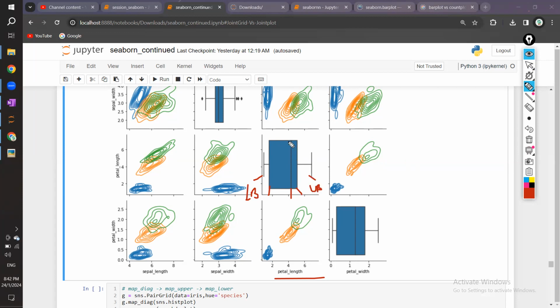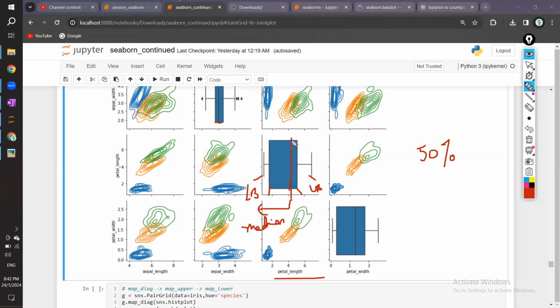So over here, if you see, the median is very much nearer to the upper boundary. Agree? That means what? 50% of the values are less than this median. But this median looks like a big value when compared to, for example, this sepal width, because the sepal width median is somewhere around the middle.